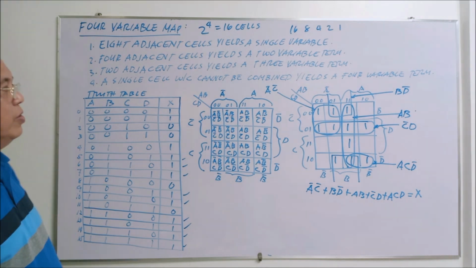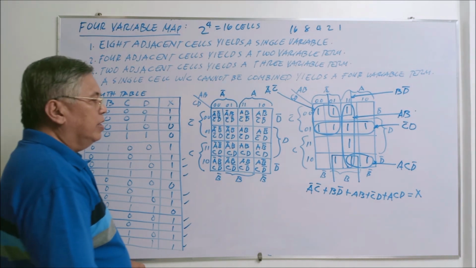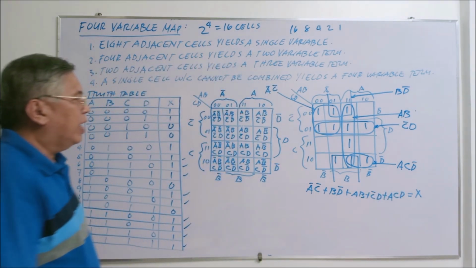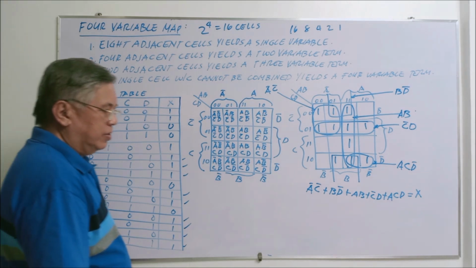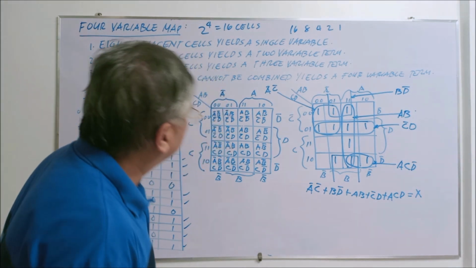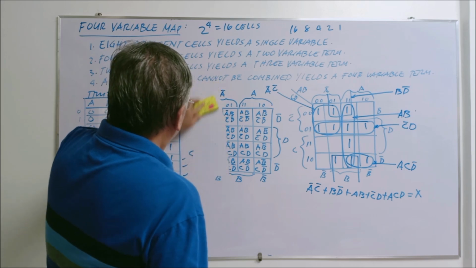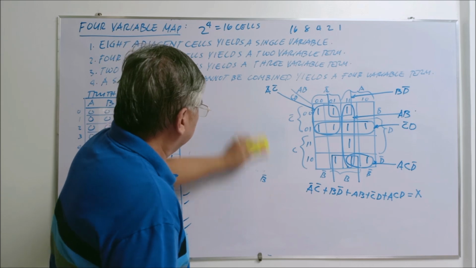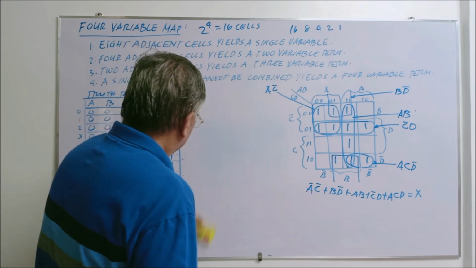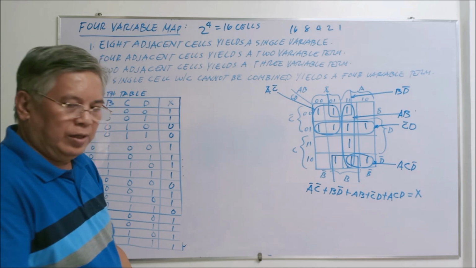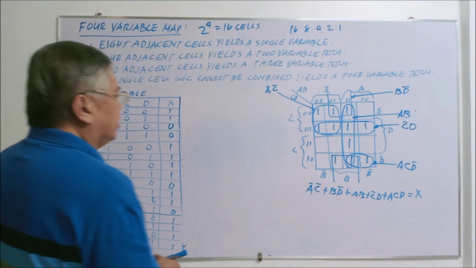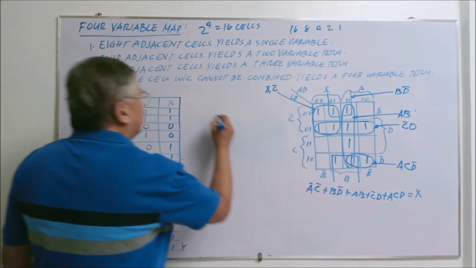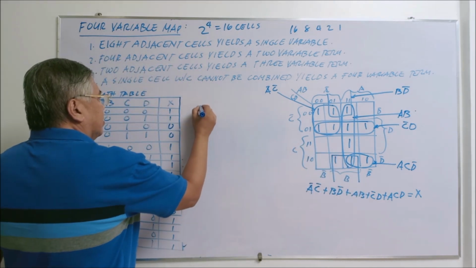Okay? So if we will draw the logical circuit equivalent, we have 1, 2, 3, 4, 5 AND gates. Okay, so let me erase first this area here. Okay, so we draw the logical circuit of this equation. 1, 2, 3, 4, 5 AND gates.